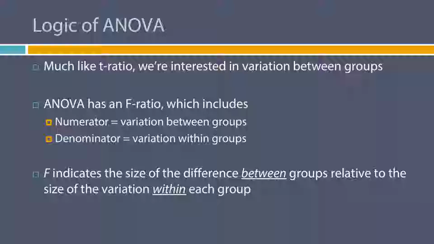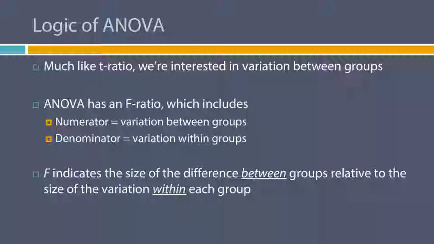So an F ratio of 1 would indicate that there's the same amount of variation going on between groups as within groups. That means that there's a high amount of overlap between each group, that they're not really that different. On the flip side, if we have our first example, a numerator of 100, a denominator of 10, we have an F ratio of 10, that means that there's a lot going on between groups.